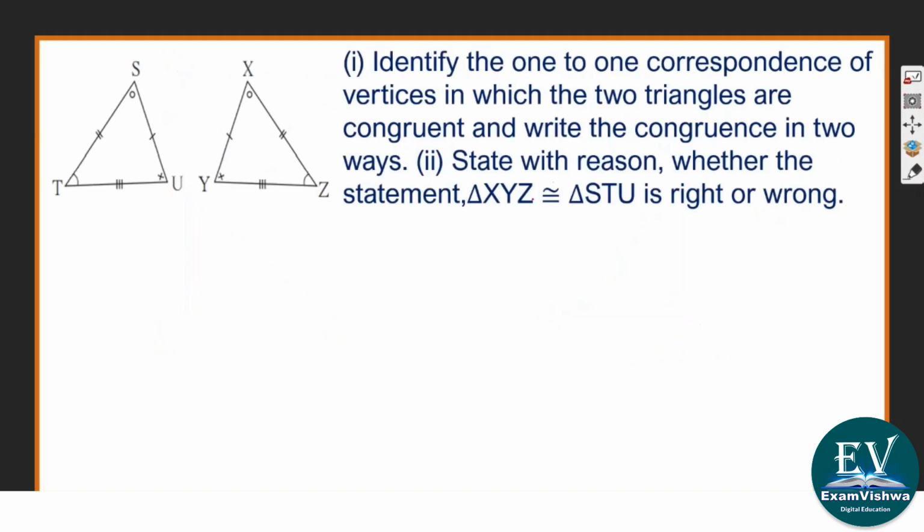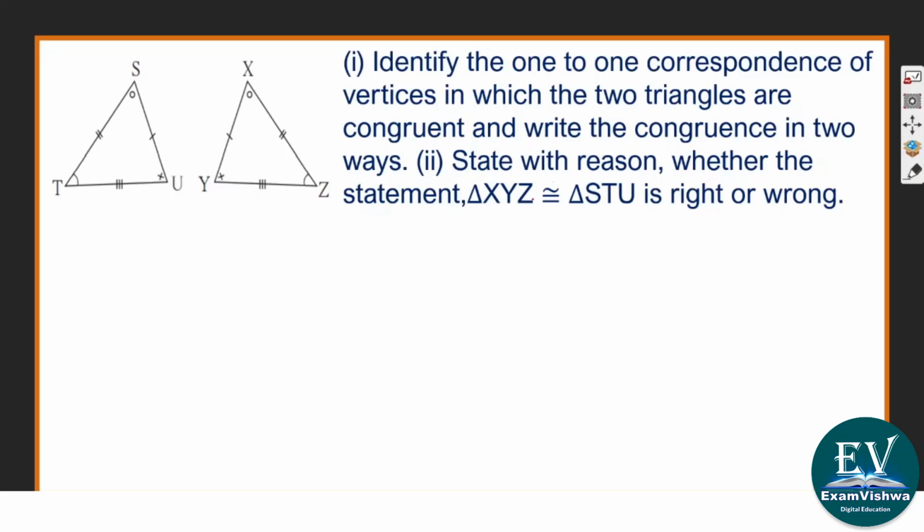Okay. Here is a question from your textbook. The question is to identify the one-to-one correspondence of vertices in which the two triangles are congruent, and write the congruence in two ways. Okay. State with reason whether the statement triangle XYZ congruent to triangle STU is right or wrong.